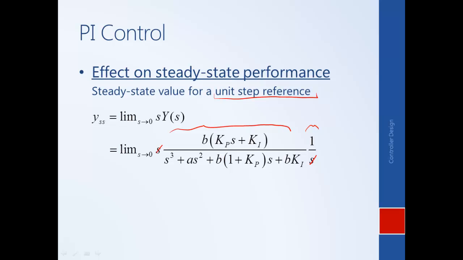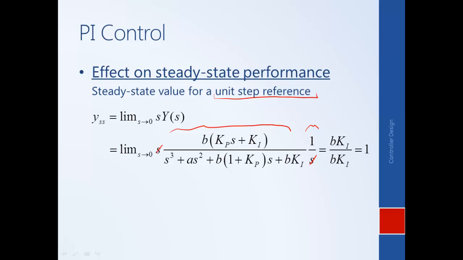We can then solve this limit by simply substituting s equals 0, since the function is defined for s equals 0. So that goes away, that goes away, that goes away, that goes away, and we're left with b times ki divided by b times ki, which equals 1.